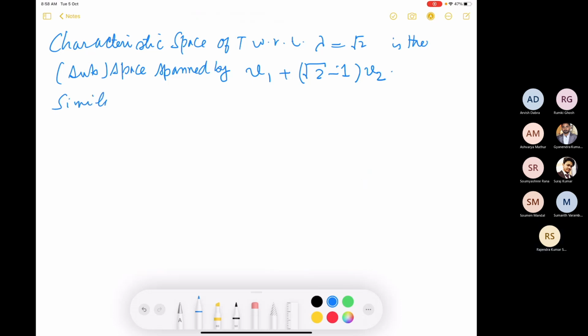Similarly, for lambda equal to minus root 2. So like this, you can calculate the eigenvectors and corresponding eigenspaces.